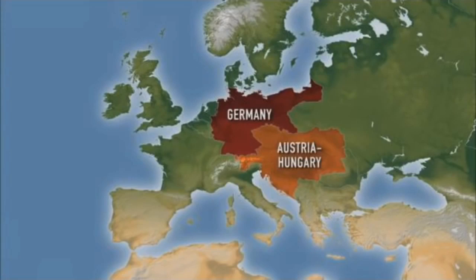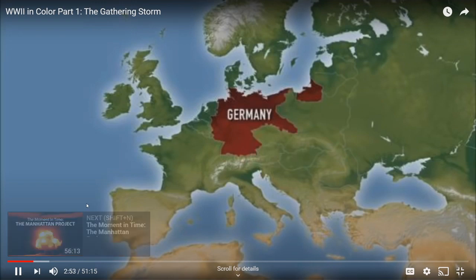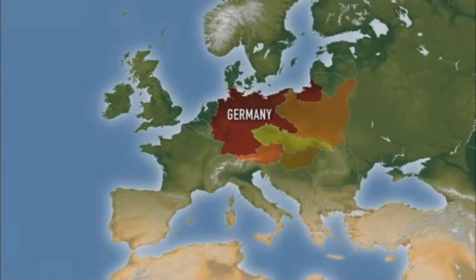The peoples of Europe were set free. Germany's ally, the Austro-Hungarian Empire, was dismembered. Out of it, new nations were created: Hungary, Czechoslovakia, Yugoslavia, Latvia, Lithuania, and Estonia.